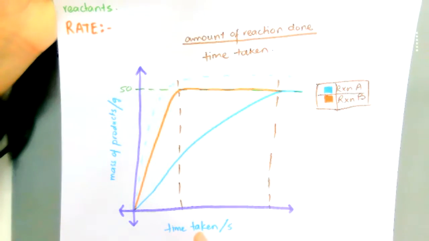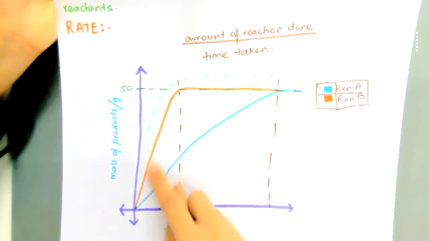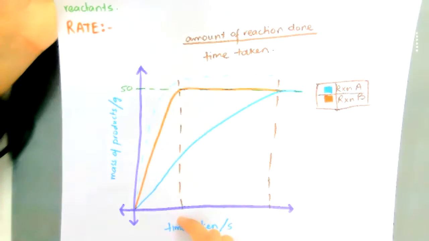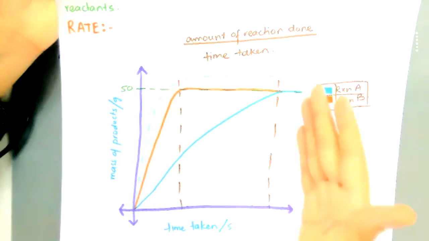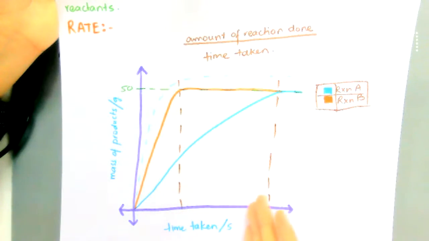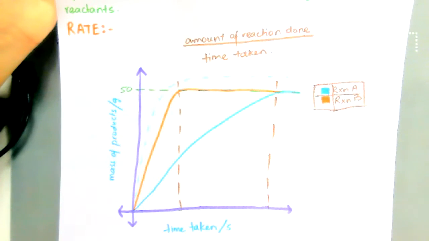I'm going to notice that the reaction finished faster with the highly concentrated acid, and with the less concentrated acid, I had more time taken. With dilute acid, you have a slower reaction, so it took longer to complete.